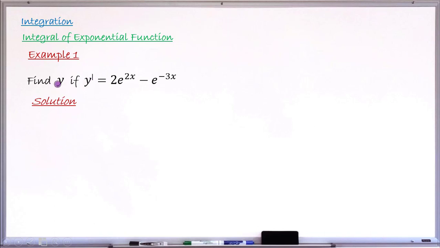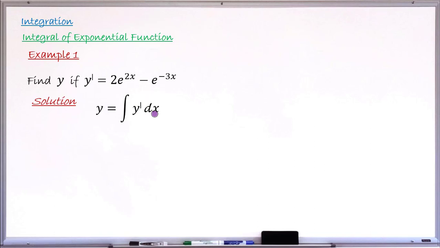This question says find y, which means, remember our first lesson in this integration where we learned the relationship between derivative and integral: if you have a derivative and you find its integral, what you get is the original function back. In this case, y is the original function, but we have the derivative of y. So what we need to do is find the integral of this derivative. Finding y is nothing but finding the integral of y prime with respect to x.